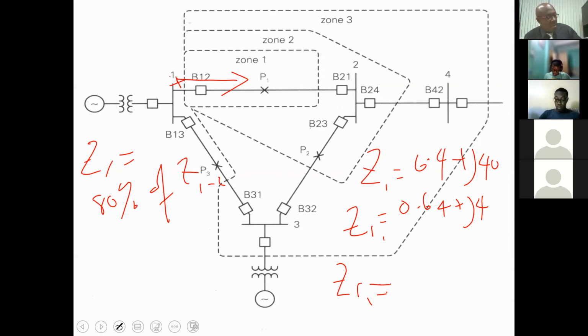So it'll be 4 point something at an angle of, and because it's a line, the angle would be somewhere around 70 or so. So it's 4.051 at an angle of 80.91 degrees. And of course, that's ohms. So the setting on the relay would be that 4.051.